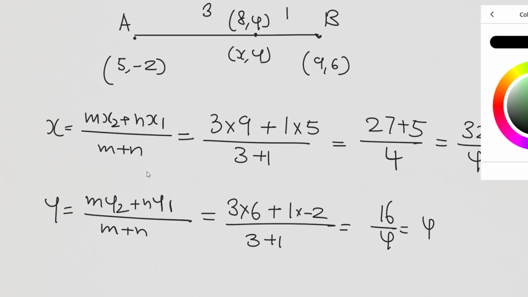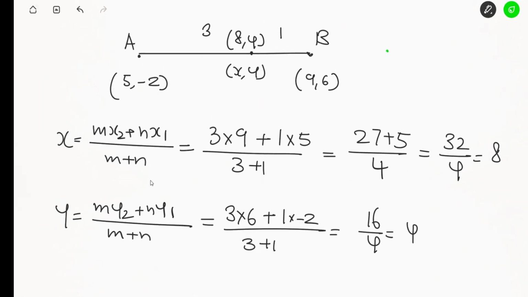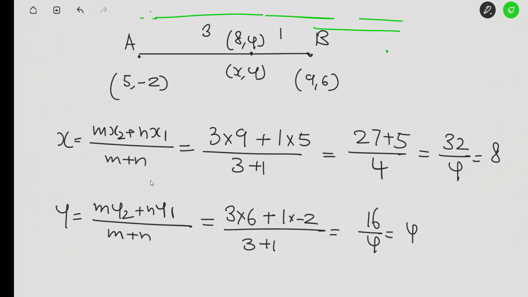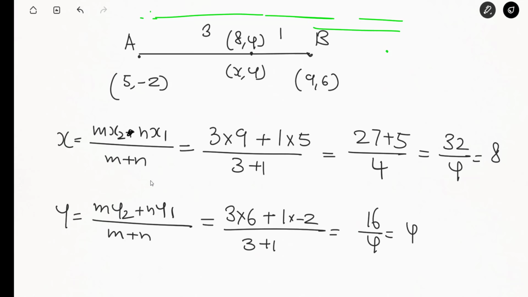Similarly for the external point, which will divide this in 3:1, that point will be maybe here somewhere, here to here, here to here. The ratio is 3:1. The similar method, this will be just negative here.